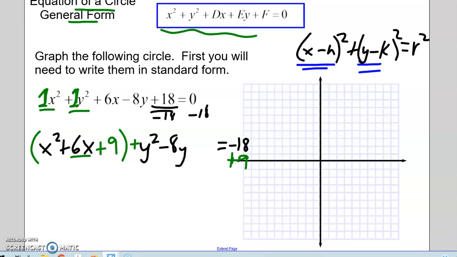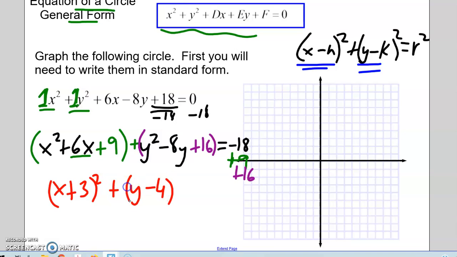So half of negative 8 is negative 4, and squaring that is 16. So this is 16. And remember, I added 16 there, so now I've got to add 16 to the other side. Okay, so let's factor these now. This is x plus 3 squared, and over here I've got y minus 4 squared. And let's do the math on this. 9 and 16 is 25, and that is 7.